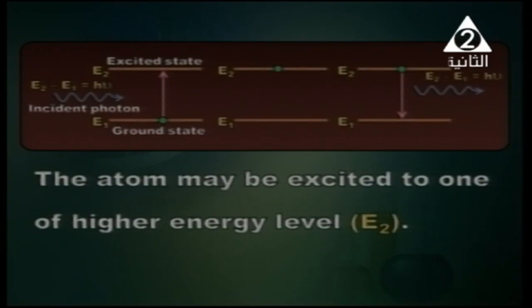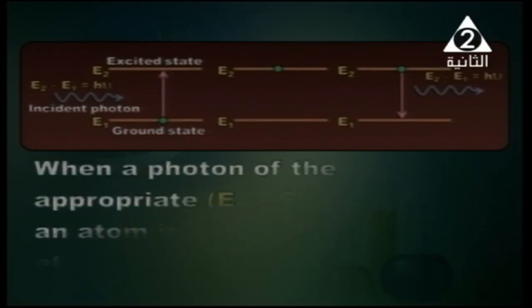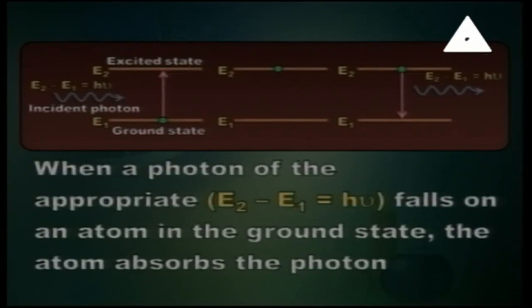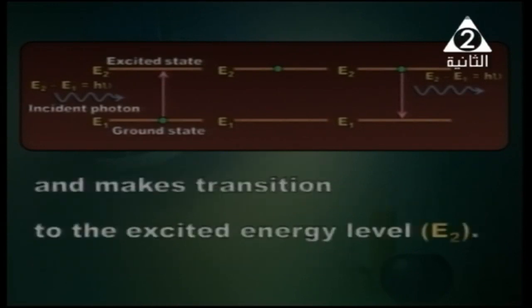Let it be E2. When a photon of the appropriate amount of energy, the energy which is exactly equal to the difference between E2 and E1, falls on an atom in the ground state, the atom absorbs the photon and makes a transition to the excited energy level E2.